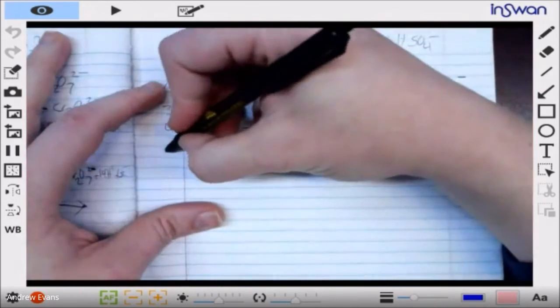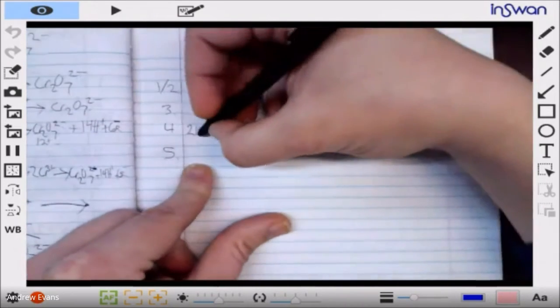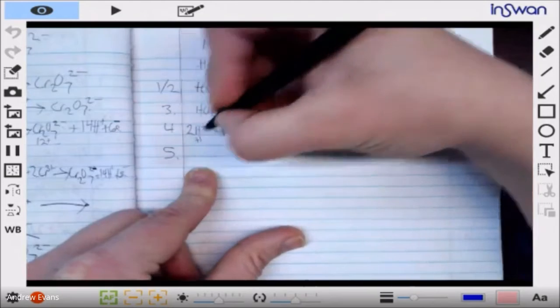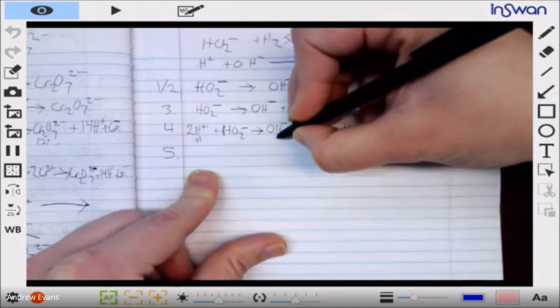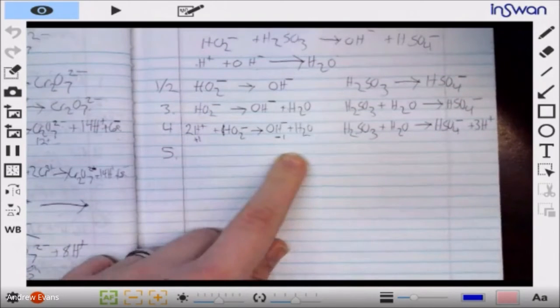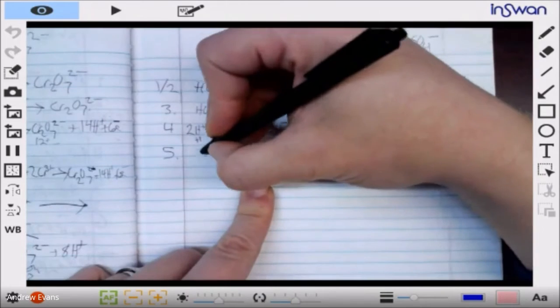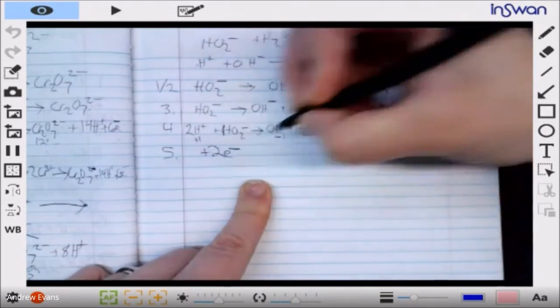Step 5, we're going to balance the charge. 2 plus, 1 minus, that's a net of plus 1. That's a net of minus 1. How do we get from plus 1 to minus 1? We add, I'm going to just put, 2 electrons.